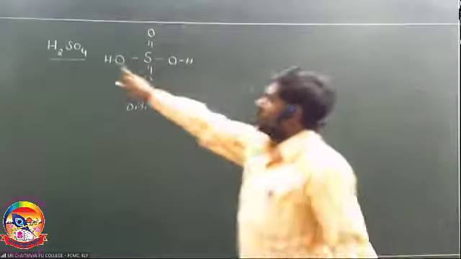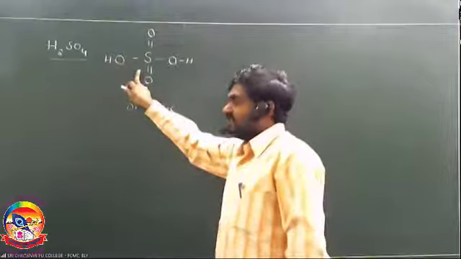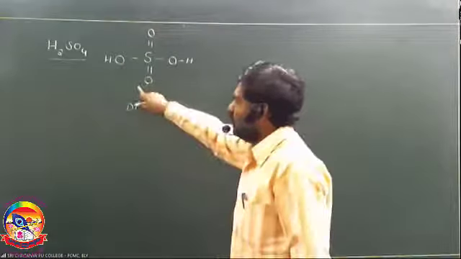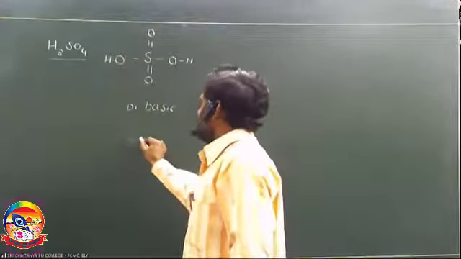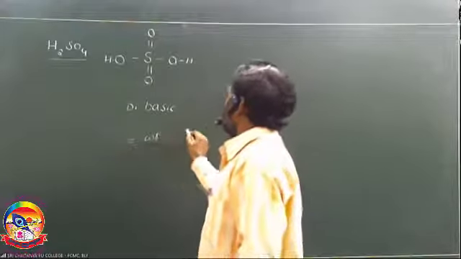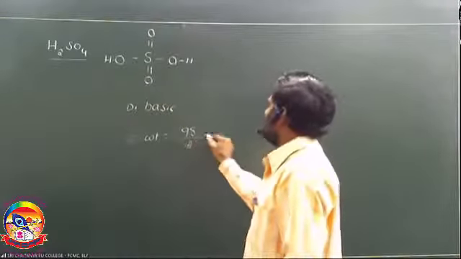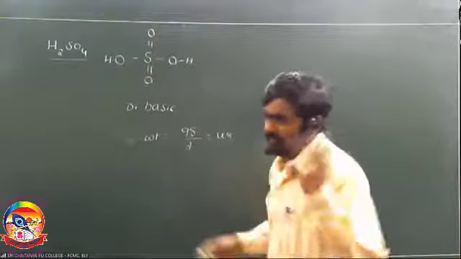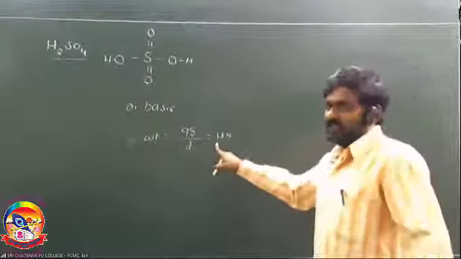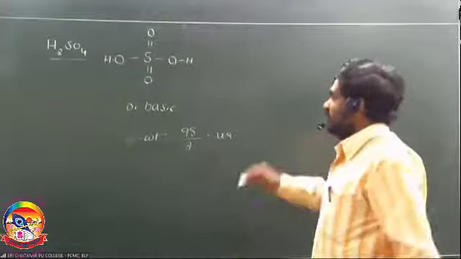Here 2 hydrogens are attached with 2 oxygens, so basicity is 2. The equivalent weight of sulfuric acid is molecular weight by basicity. Basicity is 2, so what is the equivalent weight? 49. This was already covered in the solutions chapter.